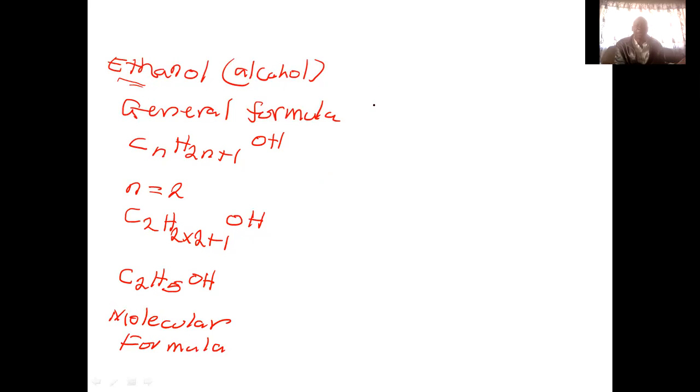The structural formula is actually gotten from the molecular formula. So you link, first of all, carbon to carbon with 1 bond. And the other carbon should be linked to the hydroxyl group. And then the remaining 5 hydrogen atoms should be around the carbon.